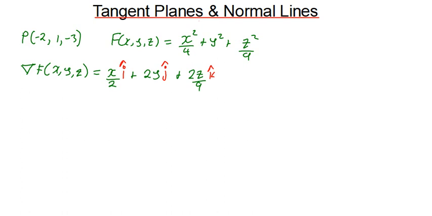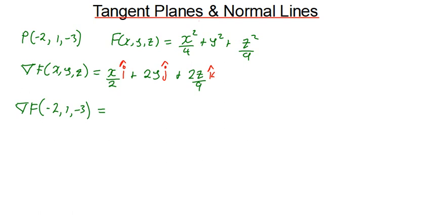The second thing that I have to do is determine what my normal vector really is at the point that I'm given. So you're going to say your f at negative 2, 1, negative 3 is equal to... now it's just a matter of substituting here. When you put negative 2 here, we have negative 2 divided by positive 2.